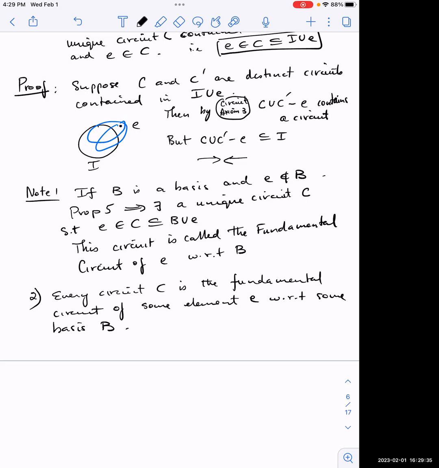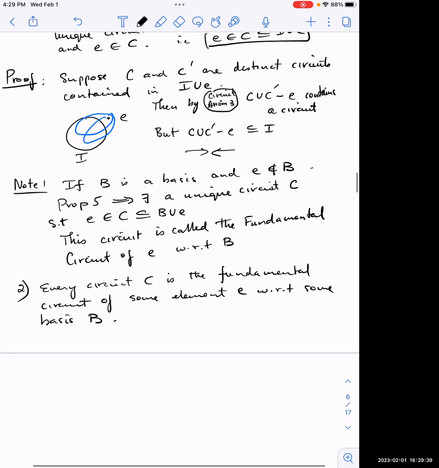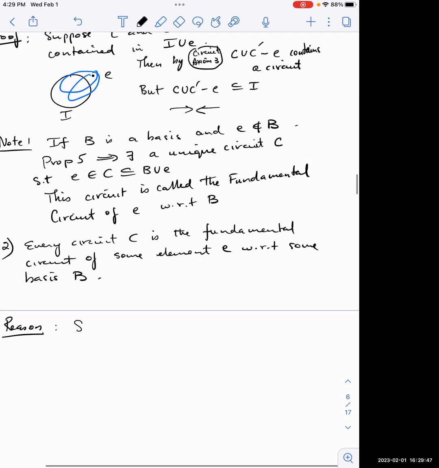So we're down in the weeds a little bit. We'll come up for some air in a moment. So let me just give a reason here. Since C is a circuit, C minus E is independent.